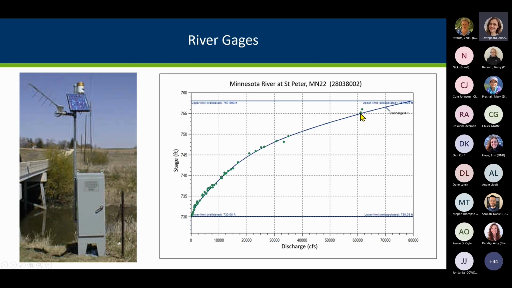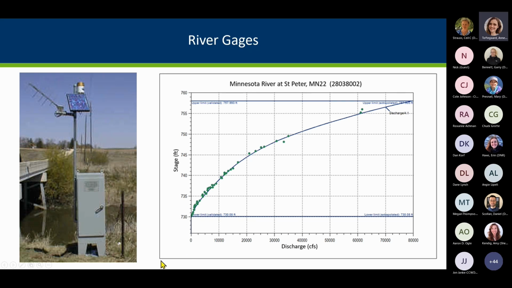So each of these green dots represents a sample point from the river gauge. A series of sample points on the stream can create what's called a stage discharge rating curve. And so as you can see, a lot of effort goes into these river gauges and getting the information out of the gauge for all of these different streams around Minnesota.